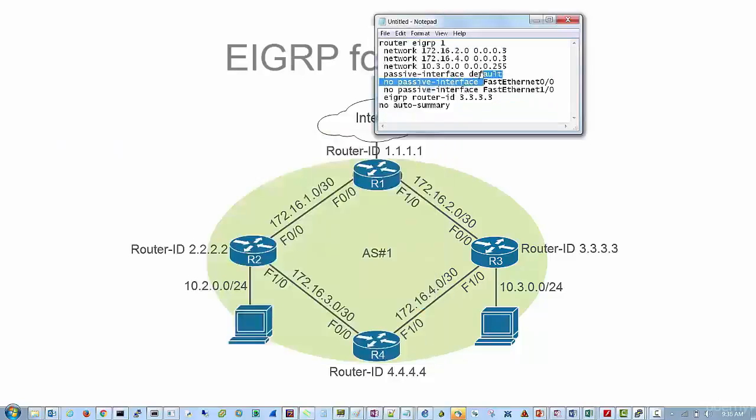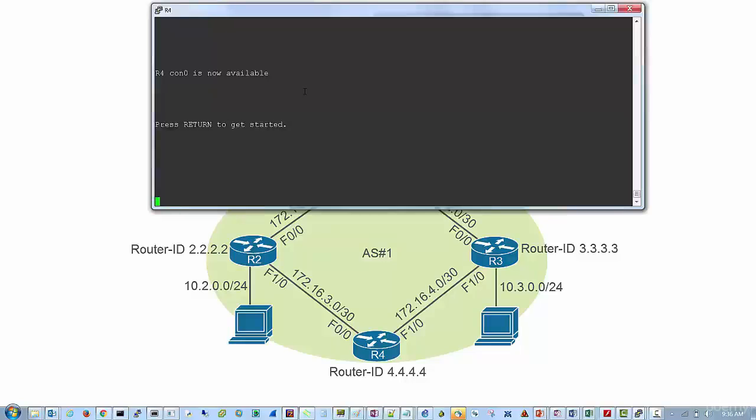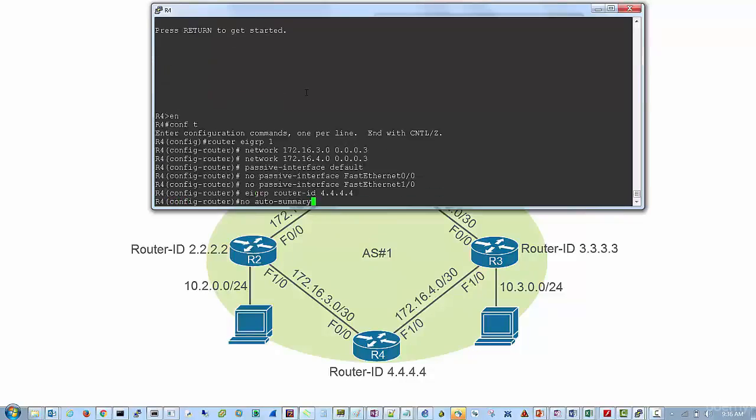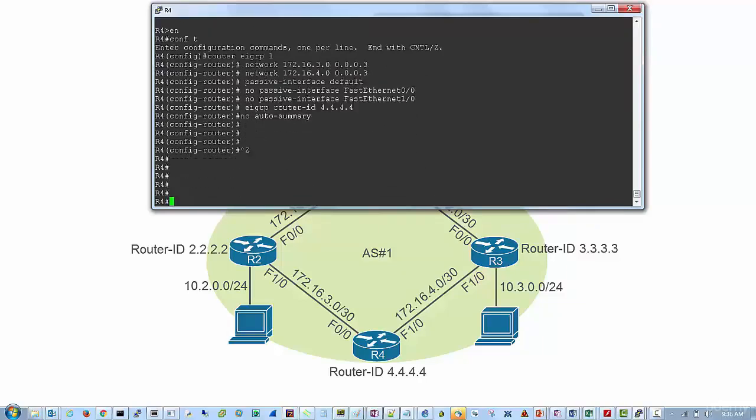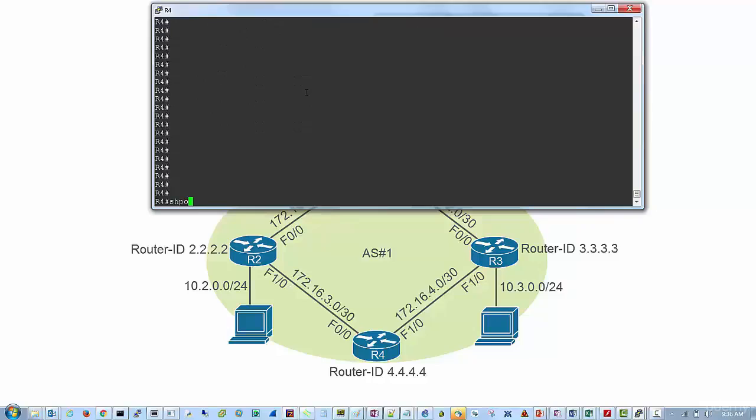And it does. Modify our script for R4. There we go. So now all of our routers have basic EIGRP configurations and should all be peers.